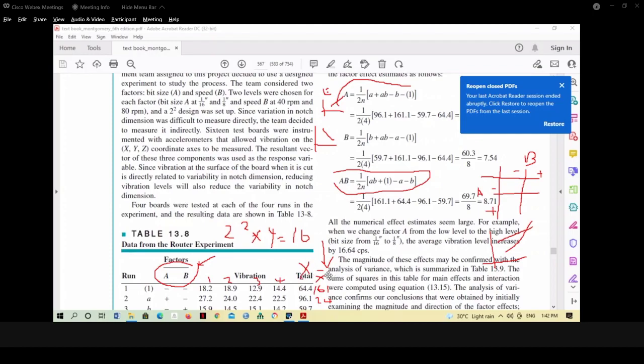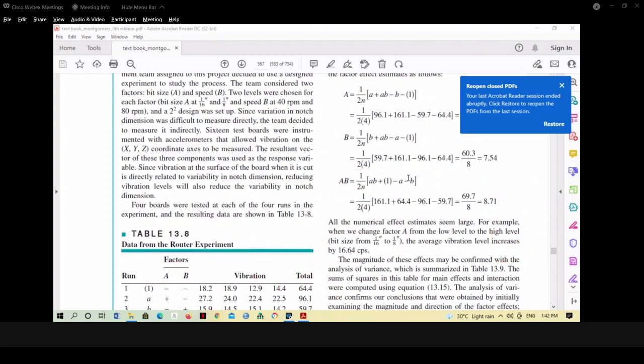Use the mean for graphs and the sum for the formula. Please take note. That's why if you don't attend my class, sometimes you feel confused. Using formula, sum. For graph, using mean.